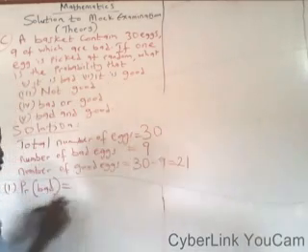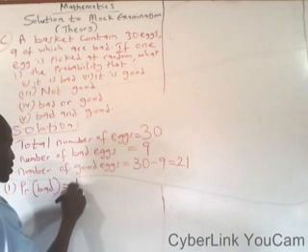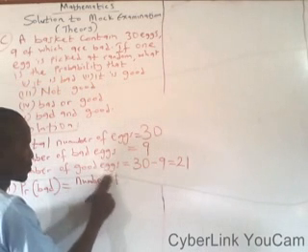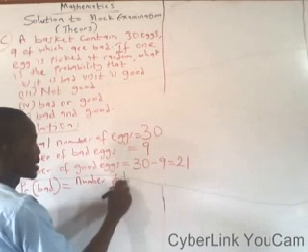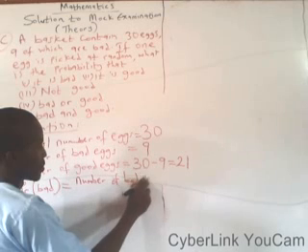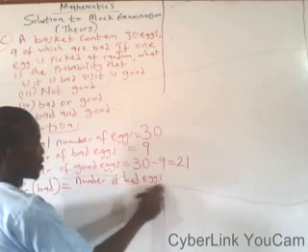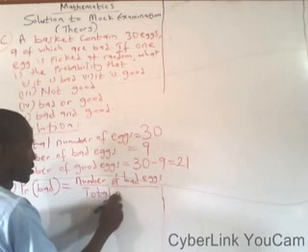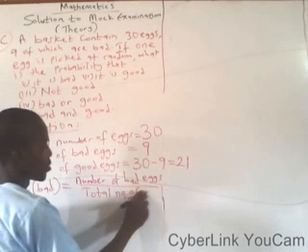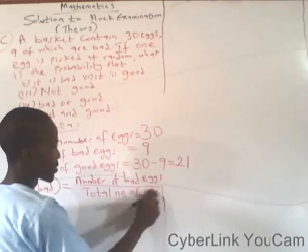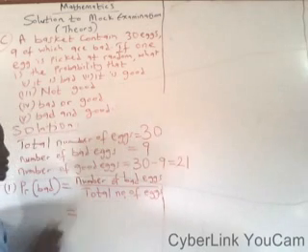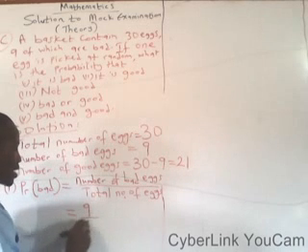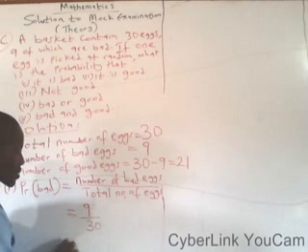Now, the probability of bad is the number of bad eggs, 9, over the total, which is 30.